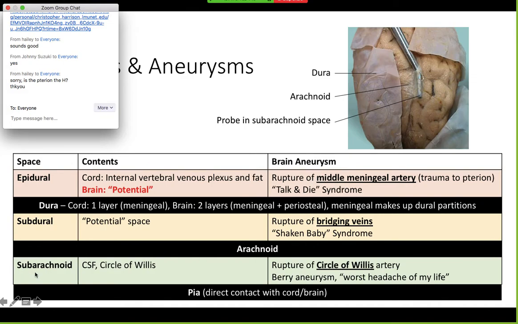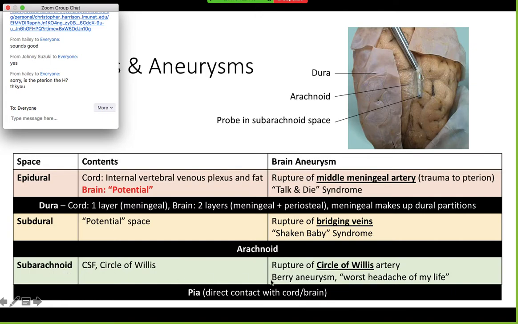And then the next one is a subarachnoid. Within this space, you have the CSF and the circle of Willis, which we'll get to. And often what you'll see here is a rupture of an aneurysm will cause a subarachnoid hematoma.